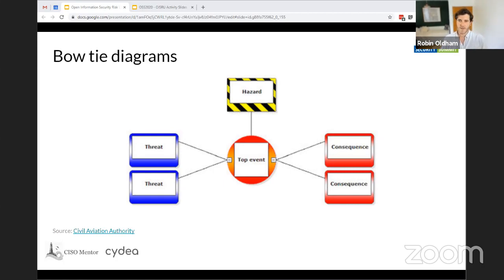This diagram's from a page on the Civil Aviation Authority website, actually, and they've got quite a good overview if you want to find out a bit more about bow tie diagrams and how you can use those. We're not going to cover that in huge detail today, but the links are on the slides there, you can follow.